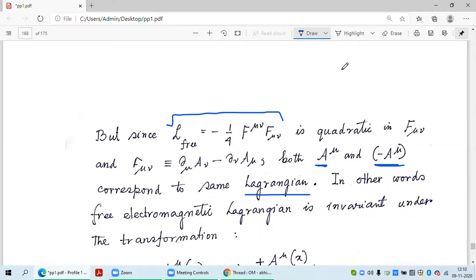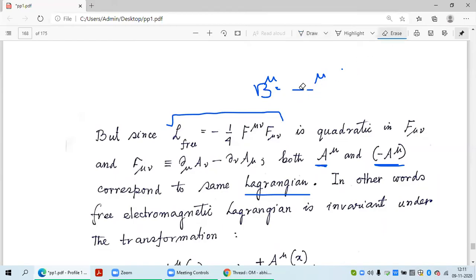So at a particular point, the electromagnetic field is in some description. It is given by this. You write down its Lagrangian. If someone takes the field as minus A mu, say B mu, then this B mu field will satisfy the same free Lagrangian, because it is quadratic in F. Because of this minus sign, F will change sign, but it will be quadratic, so that minus sign will go.